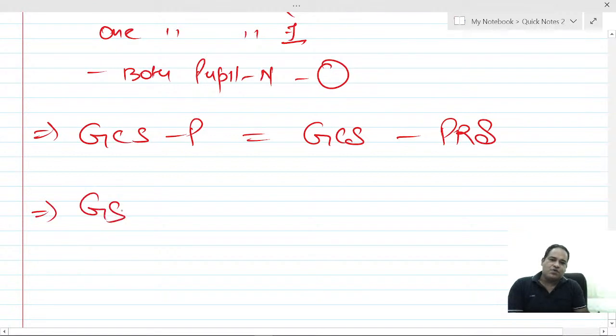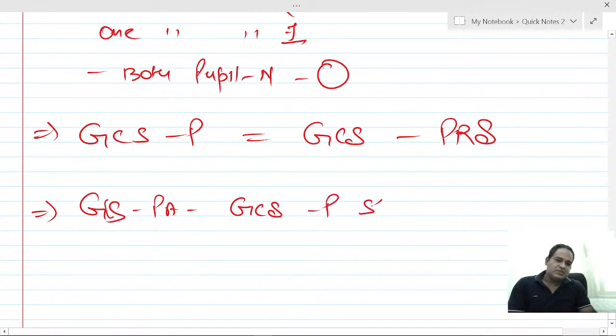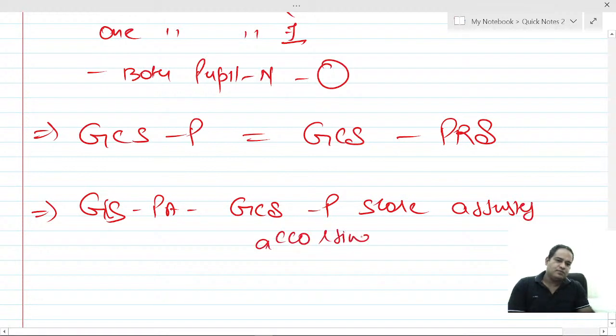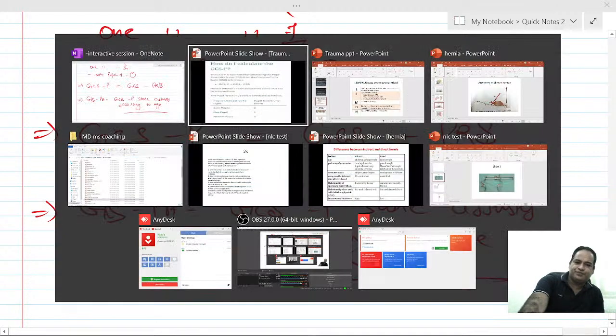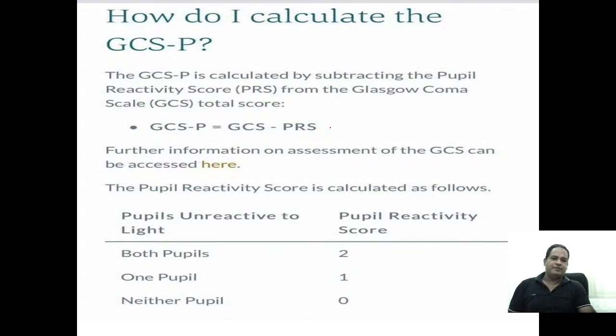The third score is the GCSPA score. This is simply the GCSP score adjusted according to age. Fine. You see here.